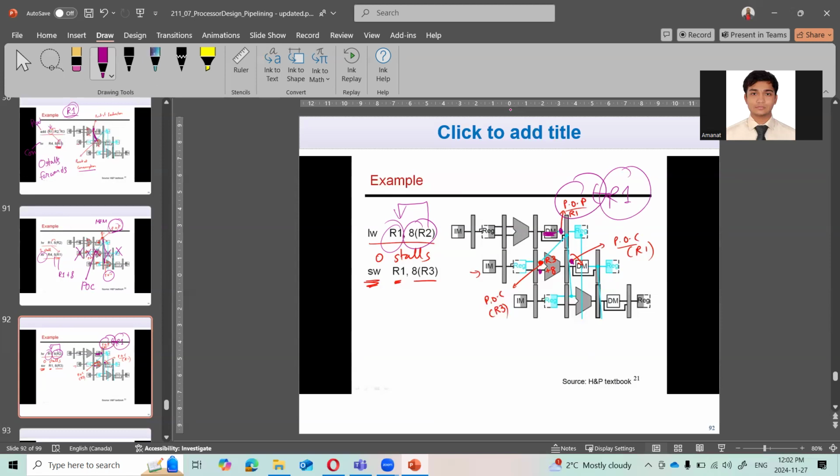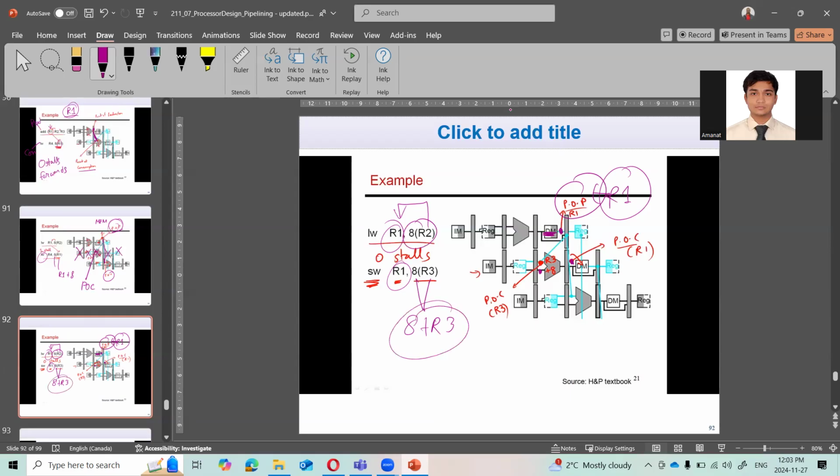Now, where is the point of consumption for R1? It's here, because here we add 8 plus R3 to find the memory location we want to replace in memory.